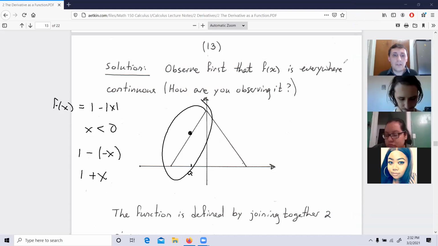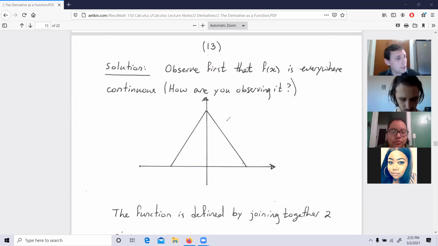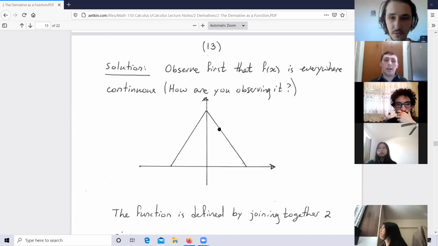Wonderful, right? If you are with me now, it will not trouble you to tell me what is the derivative at any point on the right of 0. Exactly. That is minus 1.